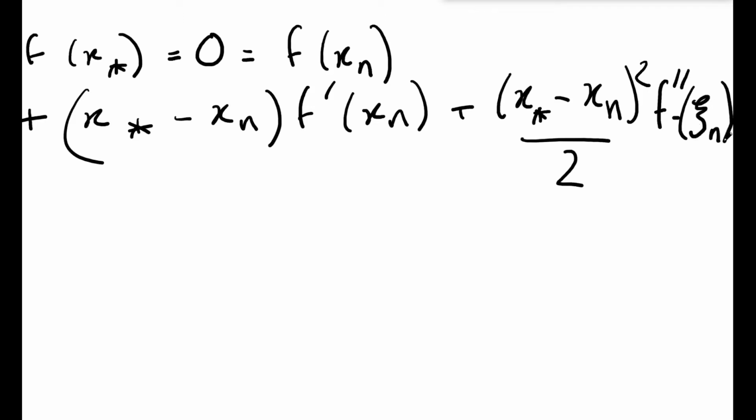That's psi of n, rather than xn plus all the extra terms. All the extra terms are contained within this if we substitute xn for psi n. Psi n, remember, is anywhere in the domain of interest, whereas xn is a specific point.